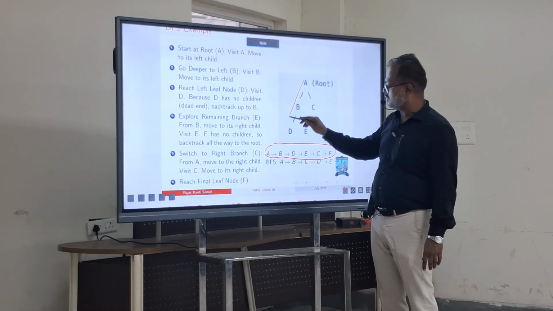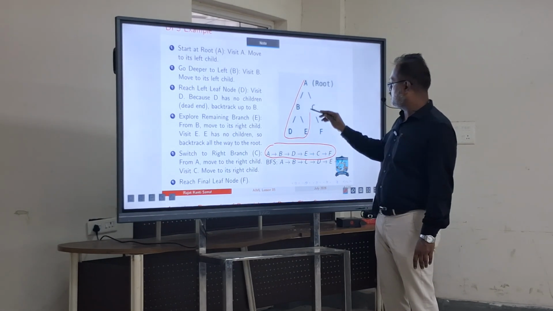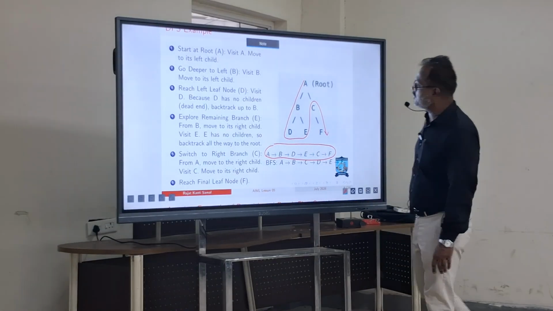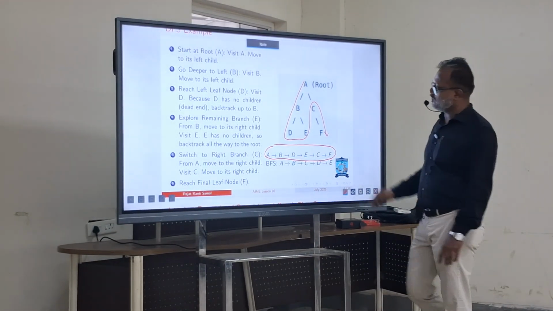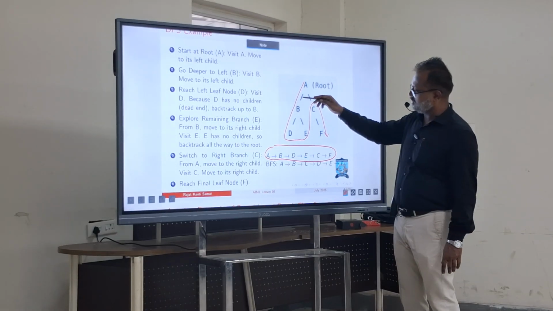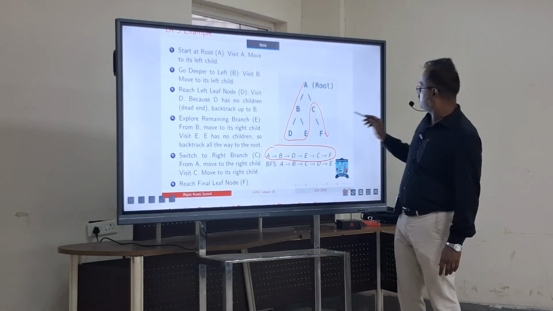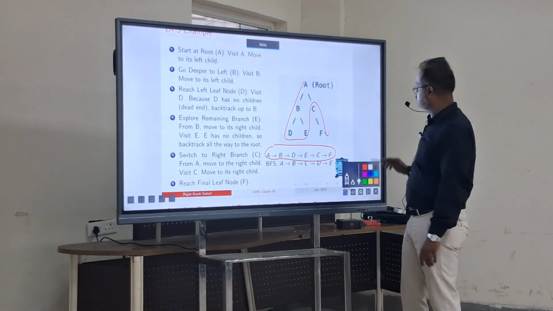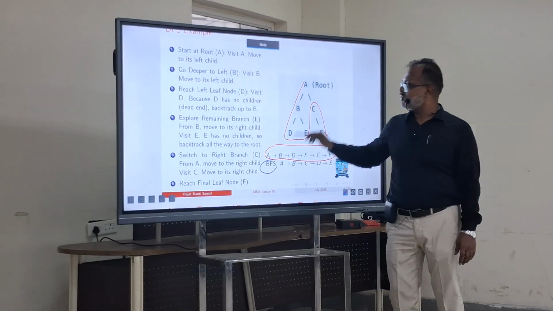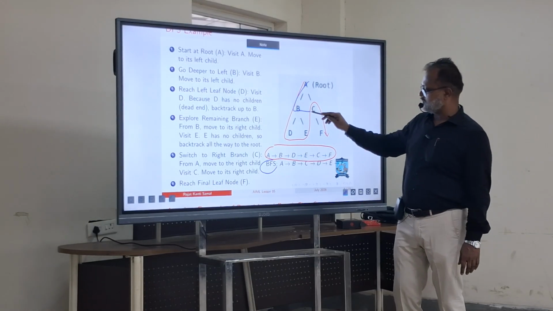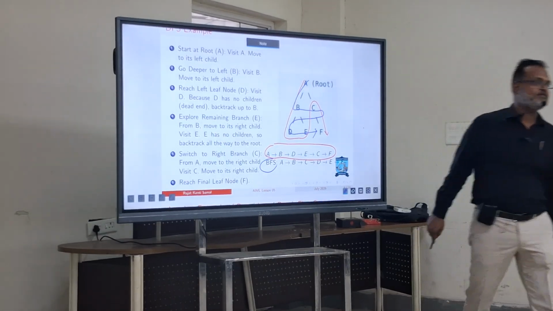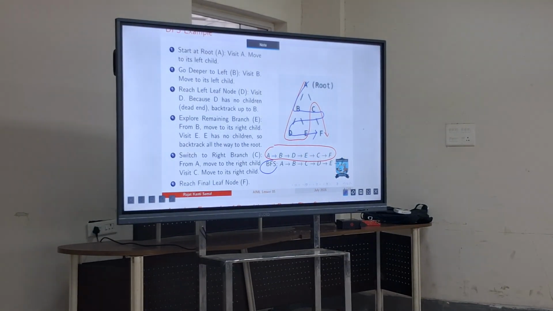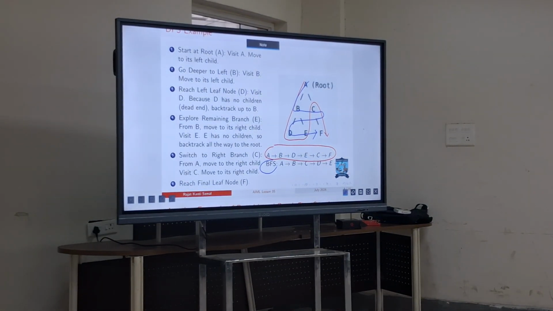A B D E C F. So this is the DFS route. Whereas in BFS we go A B C. Breadth first, A B C D E like that. So that is breadth first. Okay, so this is depth first. This is breadth first. This is very simple.